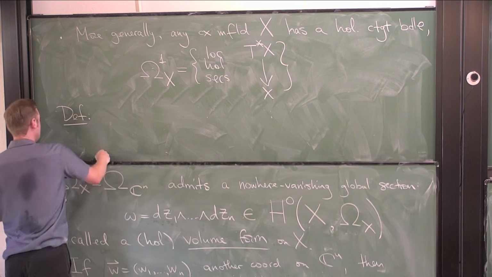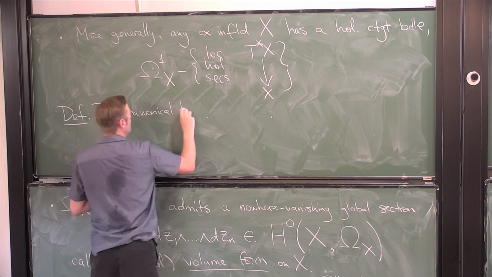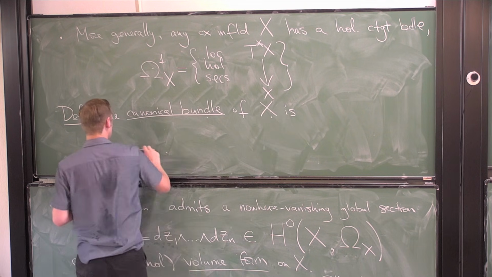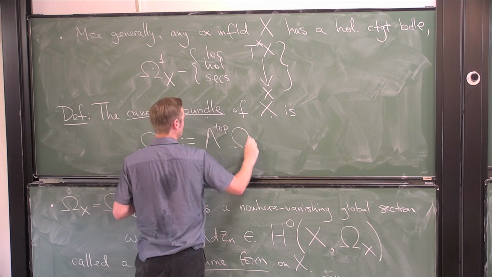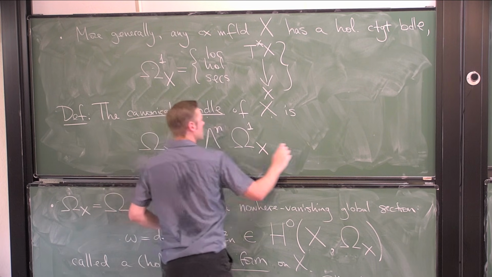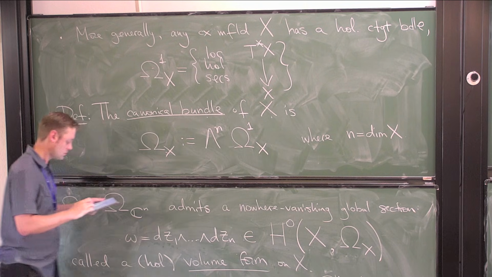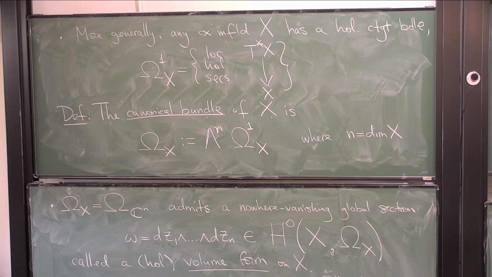And so the definition is that the canonical bundle of X is the top wedge power of the holomorphic cotangent bundle, the nth wedge power, where n is the dimension of X. Okay, so that's the canonical bundle.